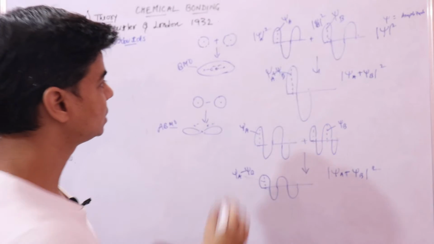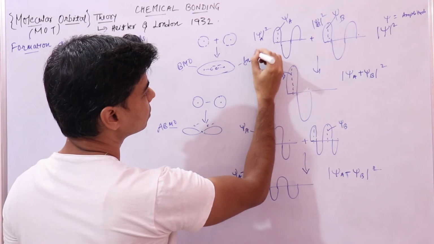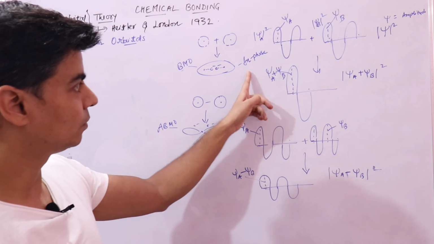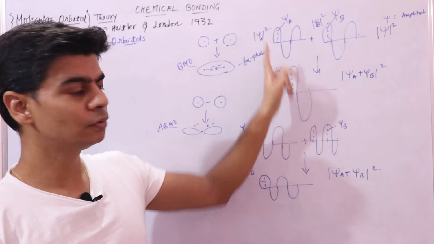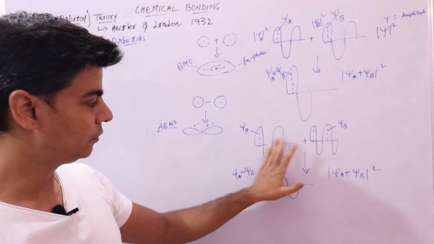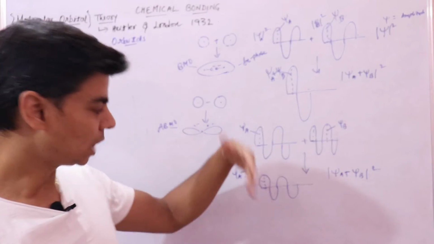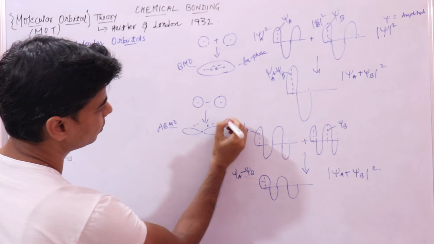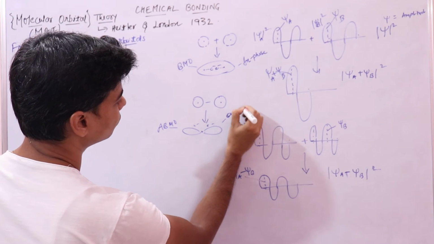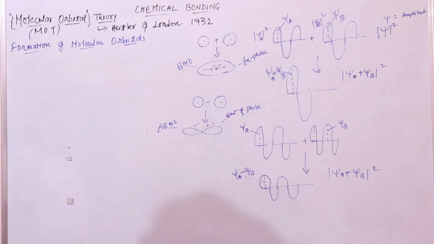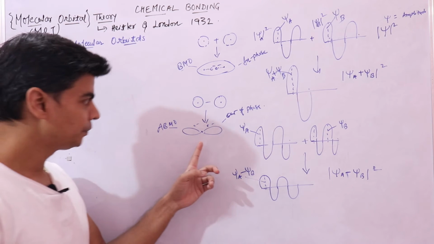And if you remember, this is your in phase orbital, the orbital that gets formed when these two waves meet in phase, and when these two waves meet out of phase, what you get is the out of phase orbital, right.